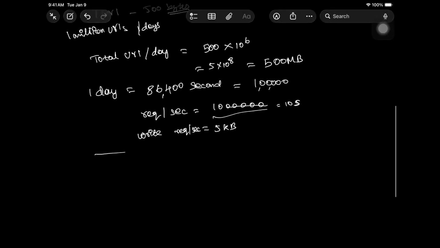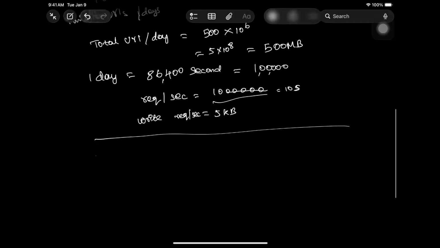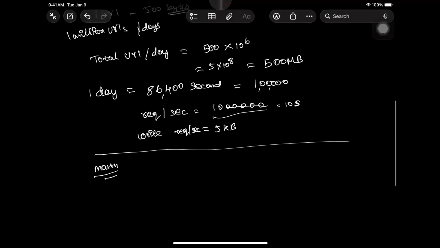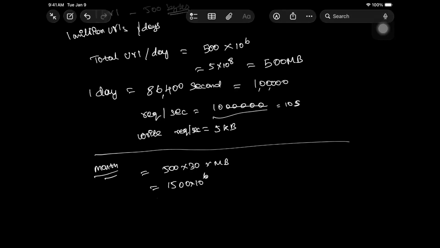If we consider the whole month, this is our day, right? Month is 500 into 30. Actually it is 500 MB, so that is 10 to the power 8.